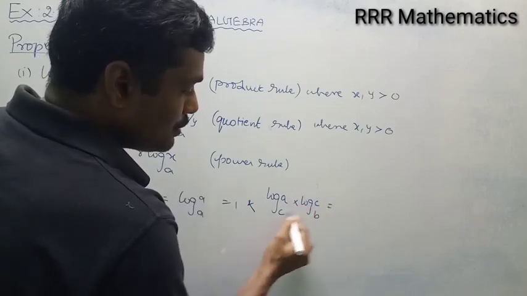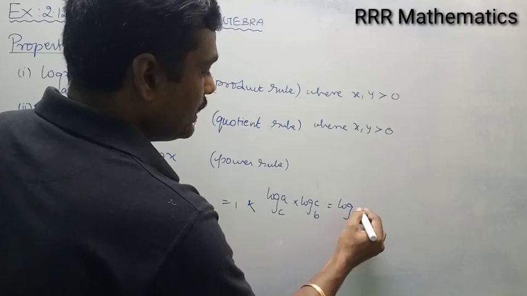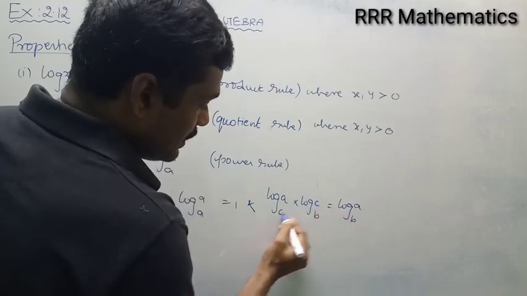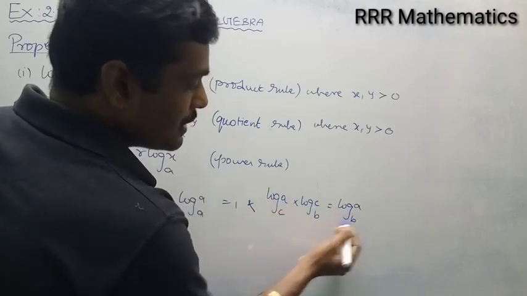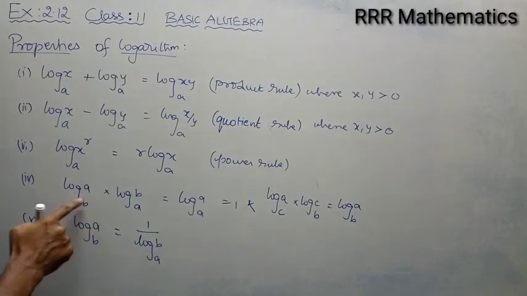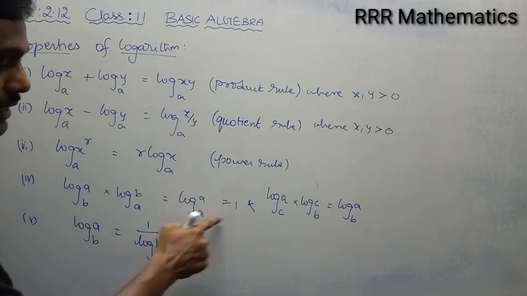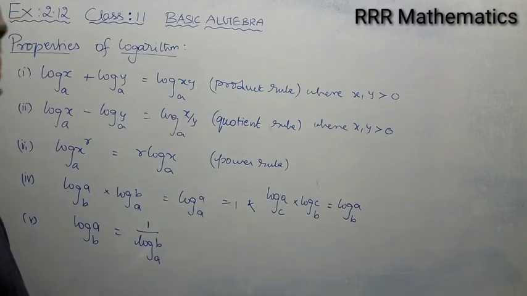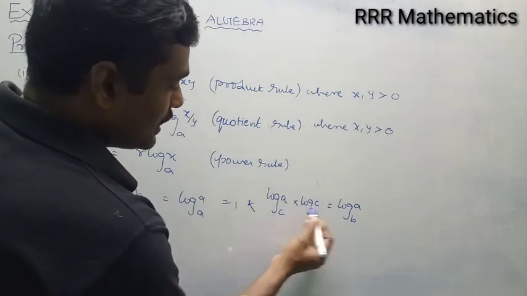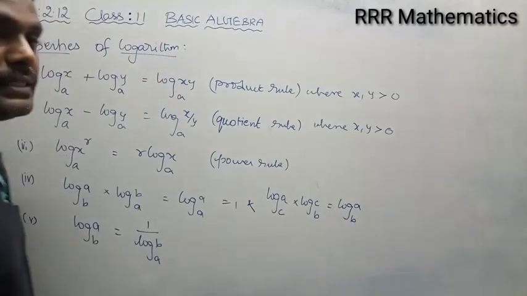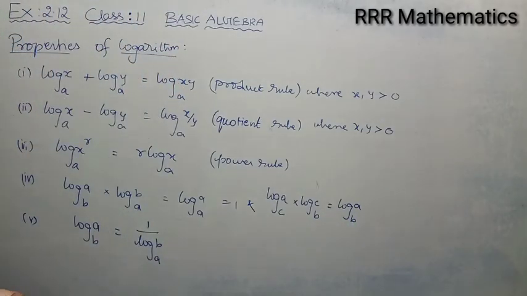If these two values are same, then I can write log a base b. That is what I used here. When these two are same, I can say directly the value is 1. Is it clear? With these 5 properties, we are going to solve exercise 2.12.